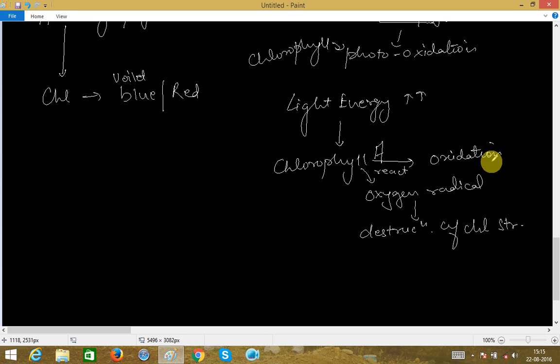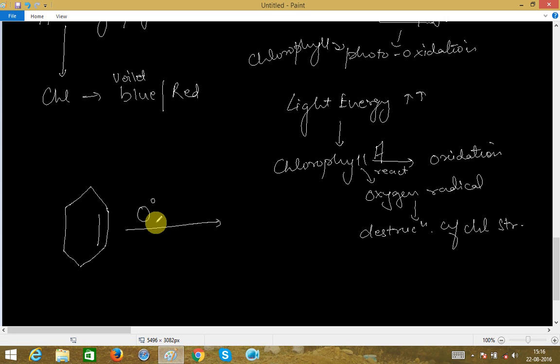So sometimes in carotenoids at the end there is a cyclic group. Let us say this is the cyclic group, a closed structure. Now this closed cyclic group can very easily react with an oxygen radical.